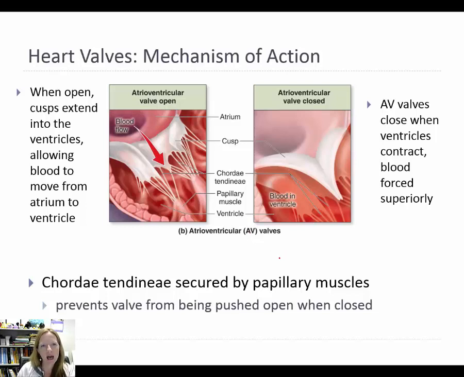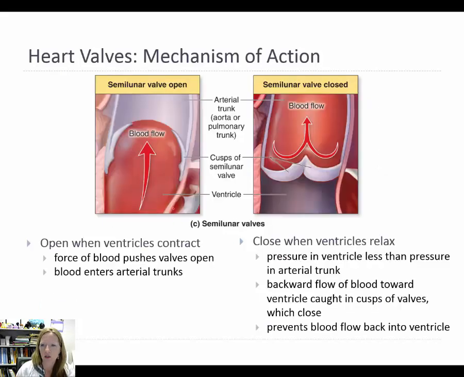Let's take a look and see how the semilunar valves work. So here it is. Again, you have this pressure difference that is going to eventually cause the semilunar valves to open. So the blood is going to force the valves open so it can move through because of the pressure change. And then what happens is that the pressure is going to drop.